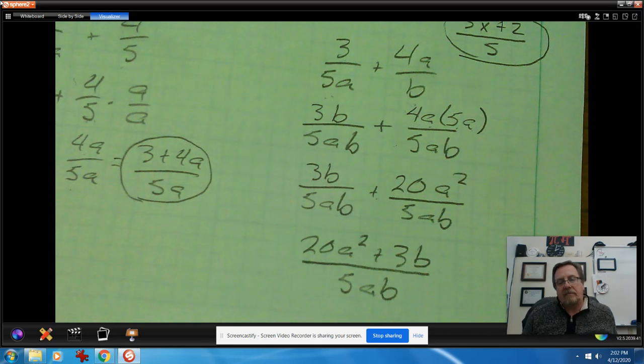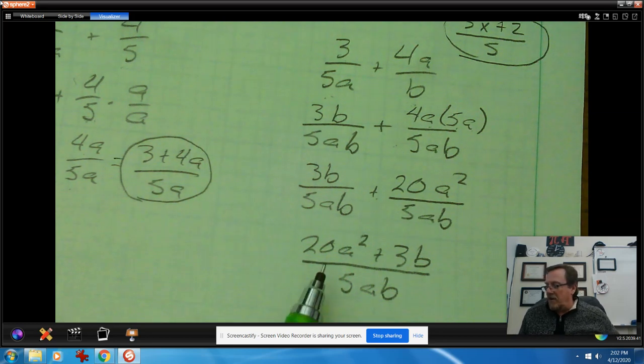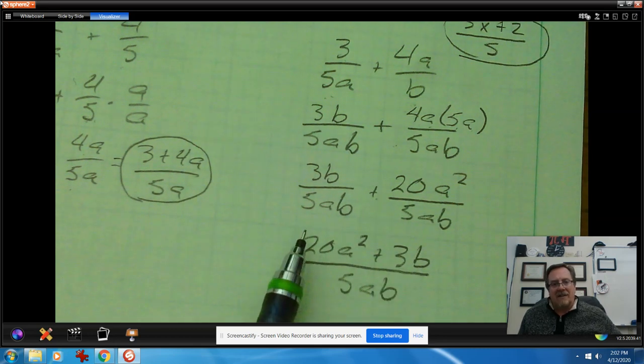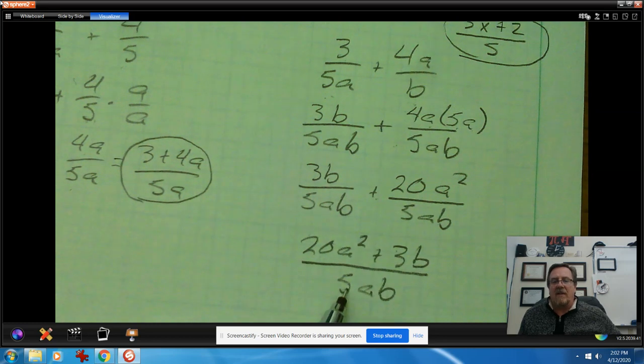Okay? Now once we get there, we can say, do we have anything that's in common that we can cancel out? And we don't. Even though 20 and 5 both have 5s in them, the 3 doesn't have a 5 in it. And so all 3 of these terms would have to have something in common in order to cancel them.